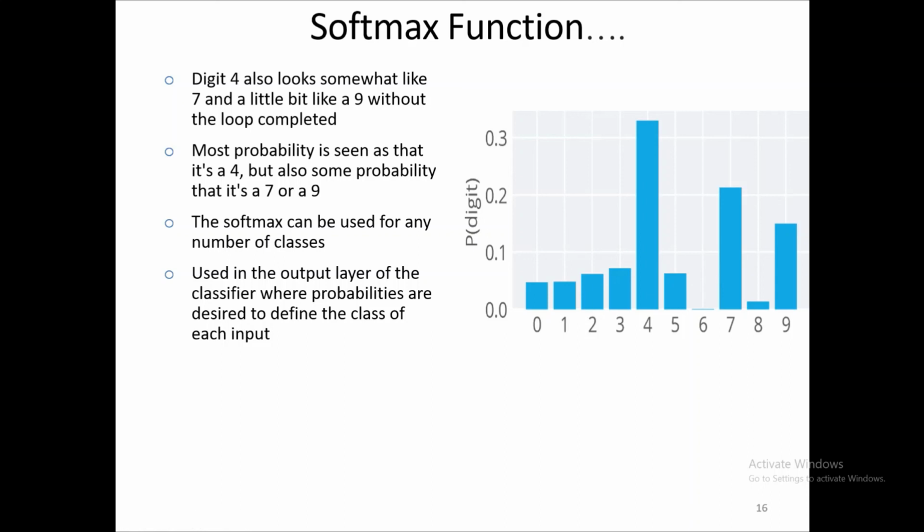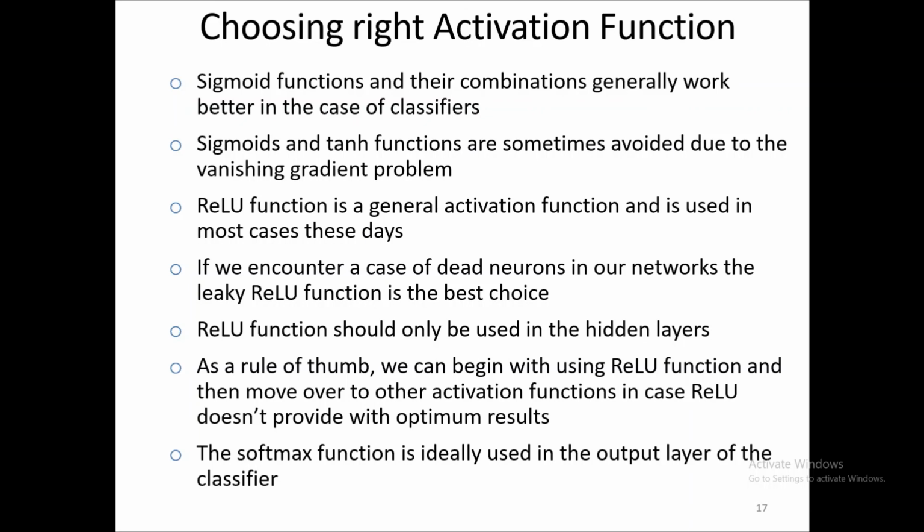So the softmax can be used for any number of classes, and it is used in the output layer of the classifier where probabilities are desired to define the class of each input. Choosing the right activation function: sigmoid functions and their combinations generally work better for classifiers and classifier outputs, and sigmoid and tanh functions are somewhat avoided due to the vanishing gradient problem.